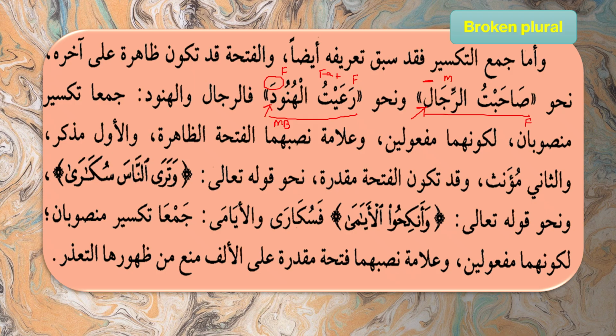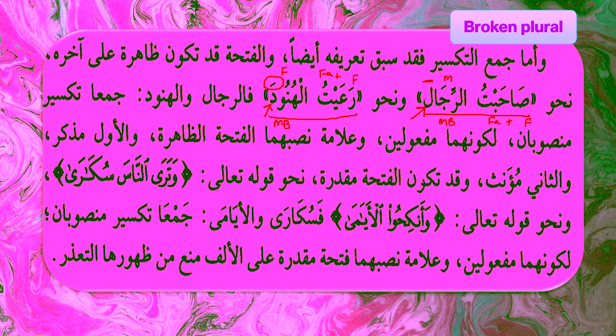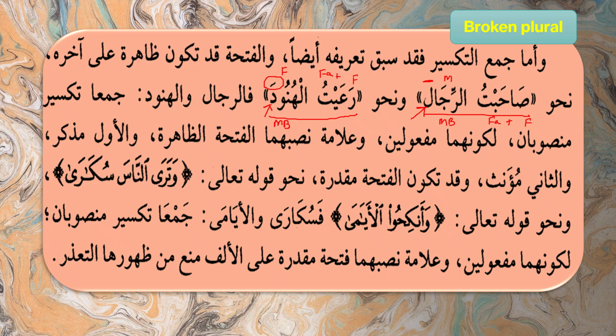This is the fi'l, this is the fa'il, tu is the fa'il, and we have maf'ul bihi. Then in both the cases, rijal and hunud are mansub and they show their mansub case clearly by a fatha. And you will say in your i'rab, fatha zahira. This is the sign, fatha zahira.